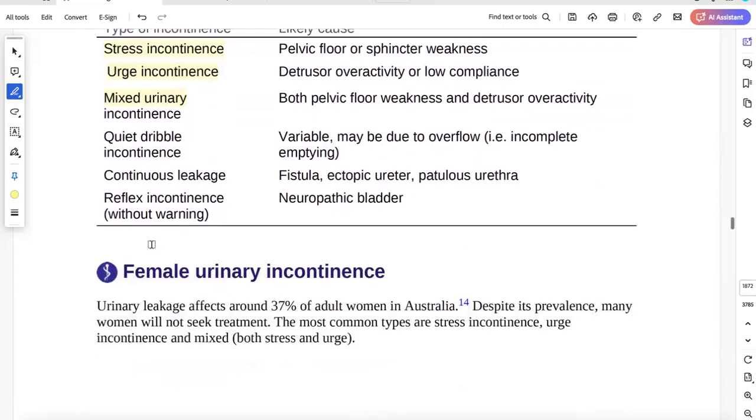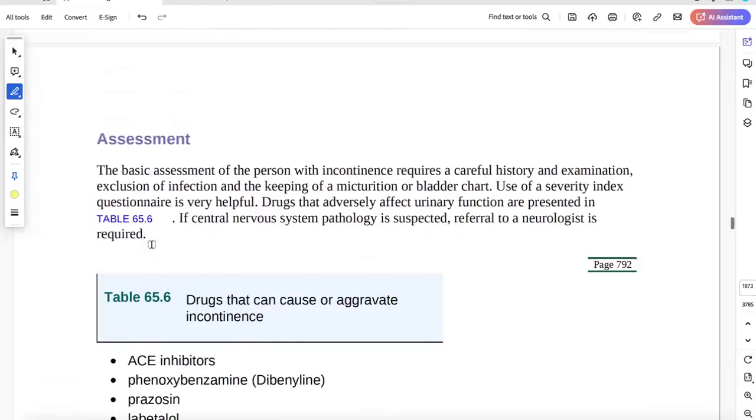So urinary incontinence is a distressful condition for a female. It's mainly happening in the elderly population after menopause, and both stress and urge incontinence are common.